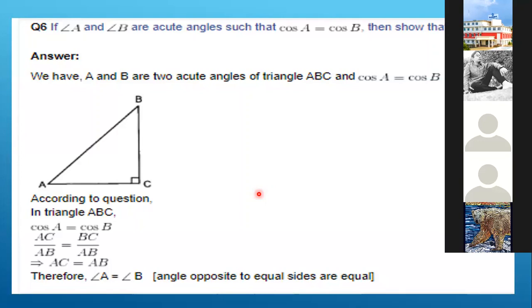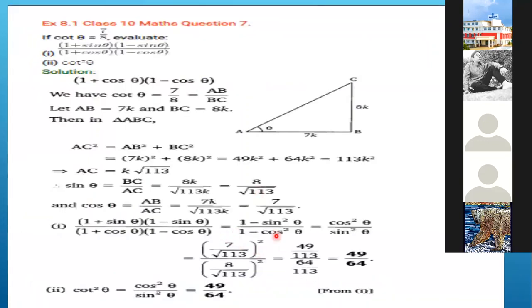Ma'am, can you repeat, ma'am? Apply this in the sine value. Look at it. 1 minus sine value is 8 by root 113. Apply the value. 1 minus 8 square by 113.